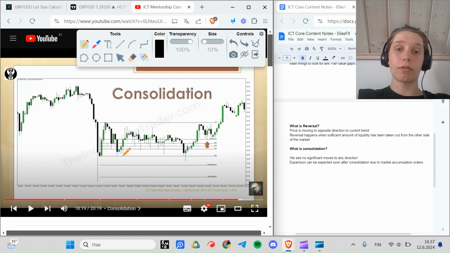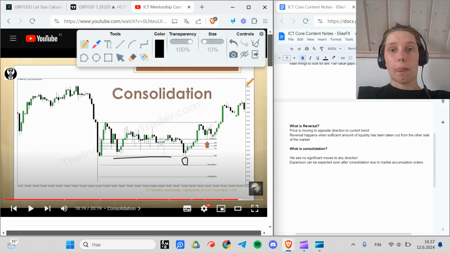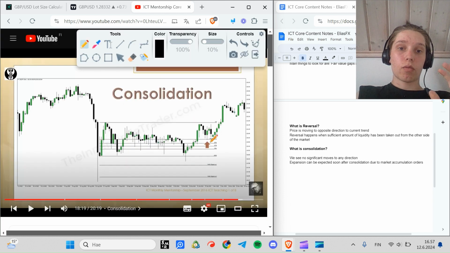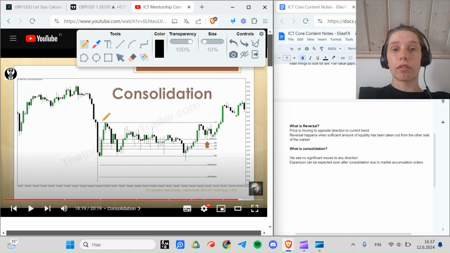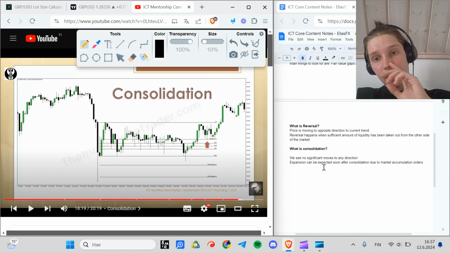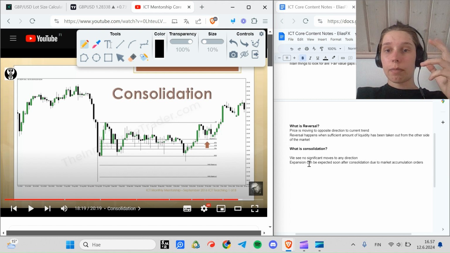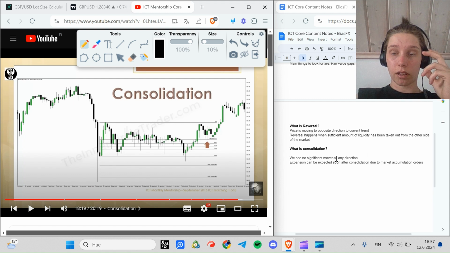Now, how you can utilize this is you can see what happens here. This wick takes out all of the liquidity, which is when you take sell side, where do you want to go? You want to go for the buy side. That is because consolidation is building orders, as you can see, I wrote here that expansion can be expected soon after consolidation due to market accumulating orders.